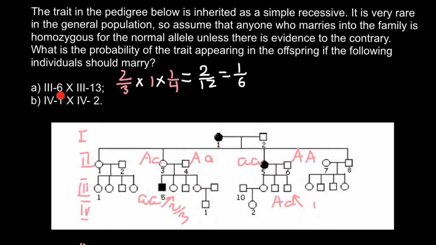We have to cross 4-1 and 4-2, and this is the fourth generation, so we have to find the probability for these two people, if they would marry, to have an affected child. So this is going to be consanguineous mating, meaning when two people are relatives.